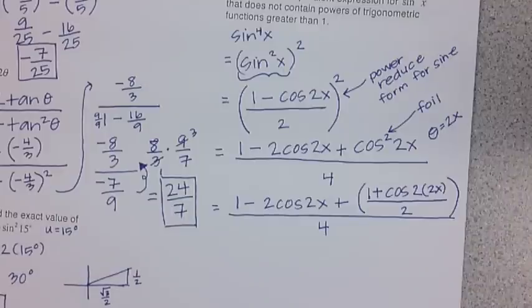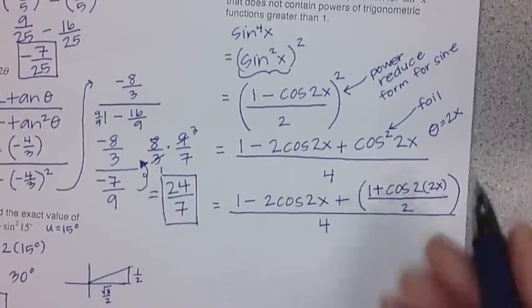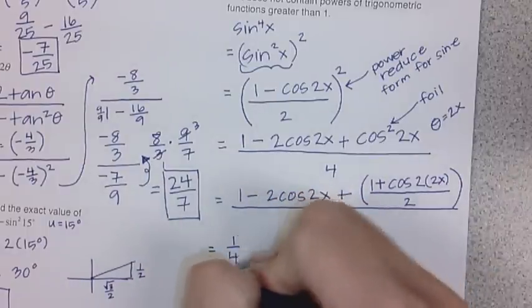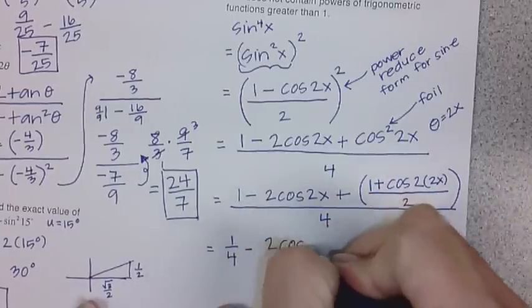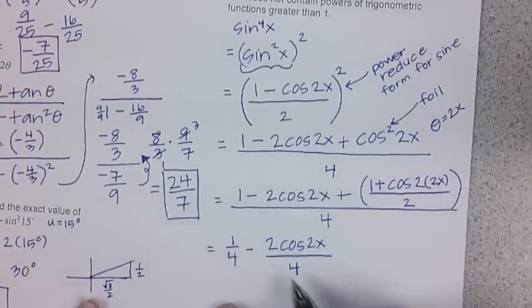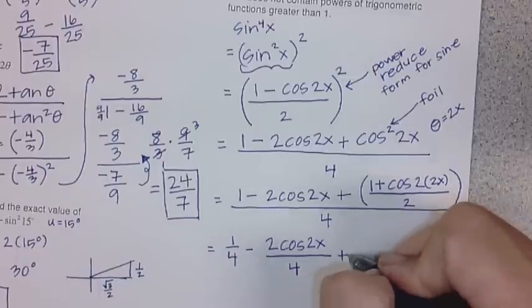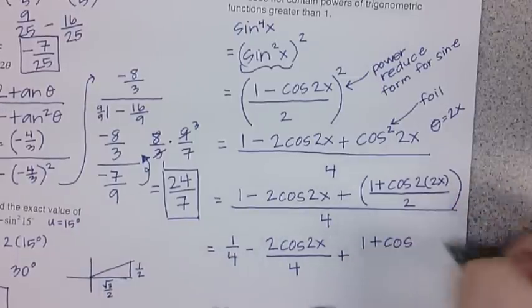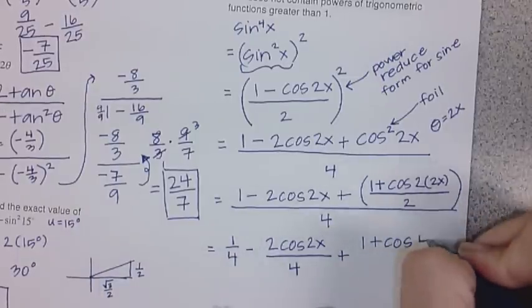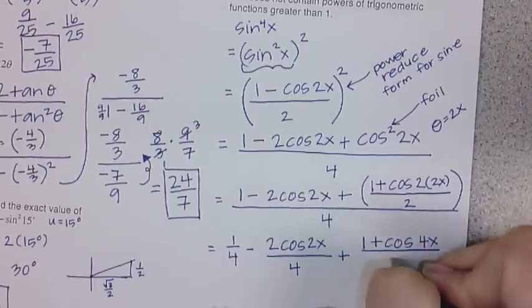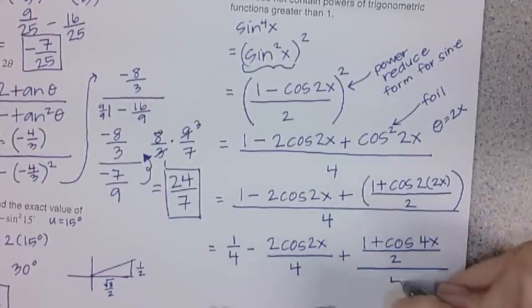So this is all over 4. At this point, we are done with getting it into powers that are not greater than 1, but we do know that mathematically fractions within fractions and things like that are not acceptable, so we just have to go from there. So what we're going to do is we are going to start by splitting this into 3 fractions. So I'm going to get 1/4 minus 2 cosine 2x over 4. You can see it's going to reduce right there, plus 1 plus cosine, and I'm going to write 4x because 2 times 2x is 4x over 2, so that was our numerator, all over 4.